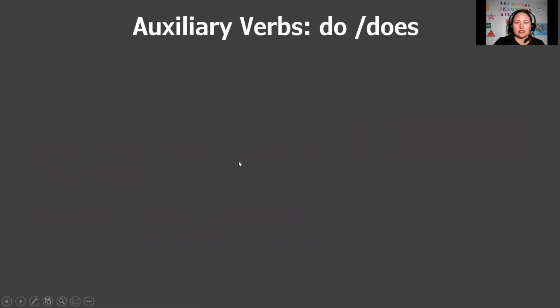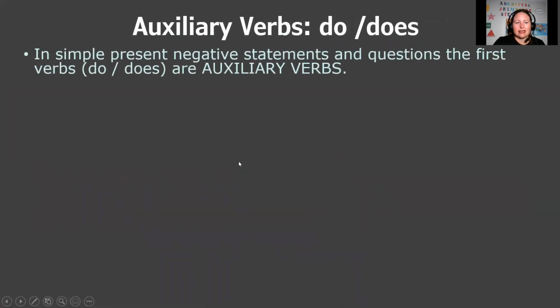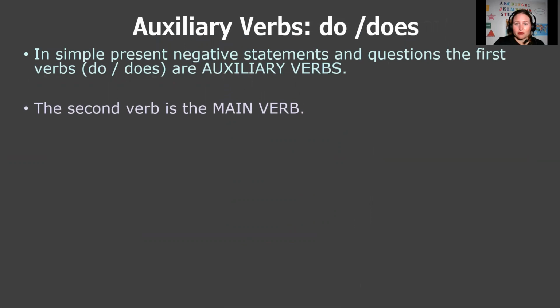Auxiliary verbs, do and does. In simple present negative statements and questions, the verbs do and does are auxiliary verbs. The second verb in the statement is the main verb.